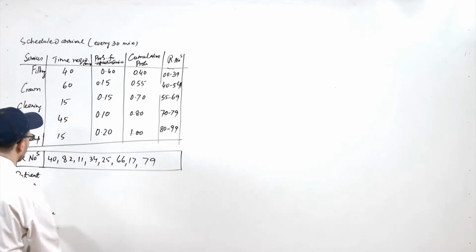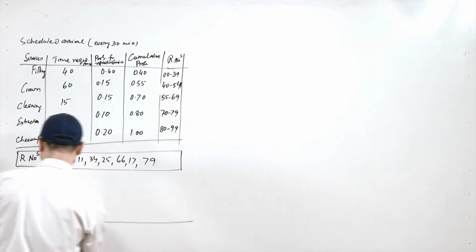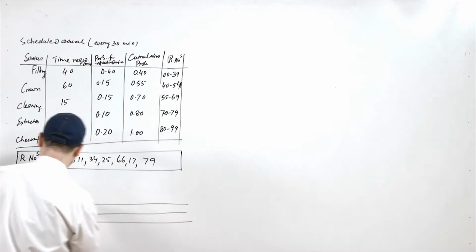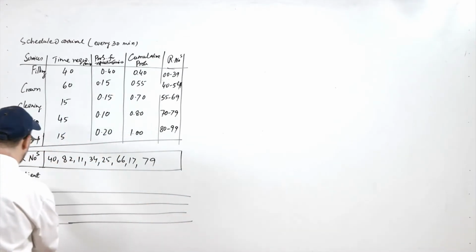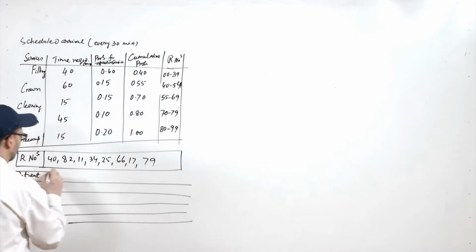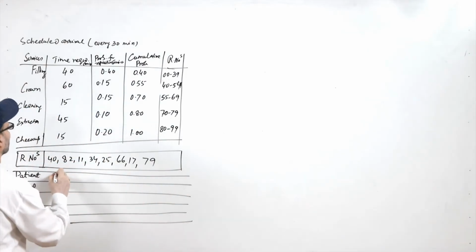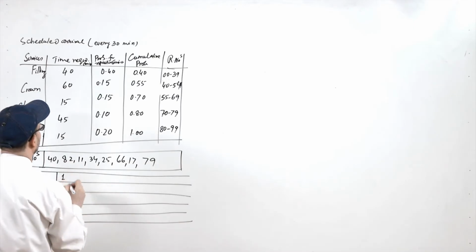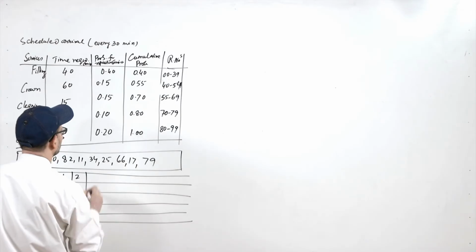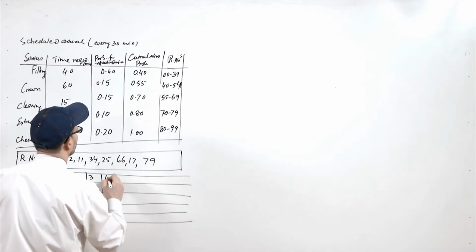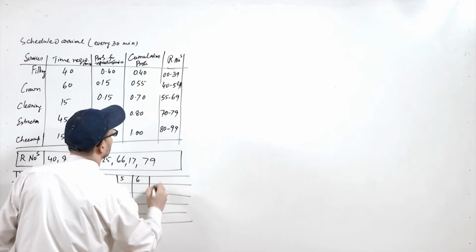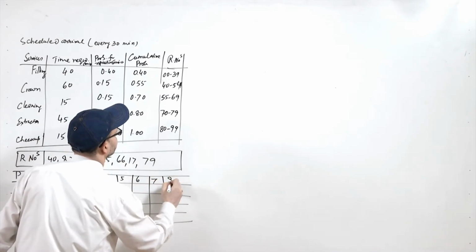So, this table can be made. If you make this table, for the patient number you have 1, 2, 3, 4, 5, 6, 7 and 8.